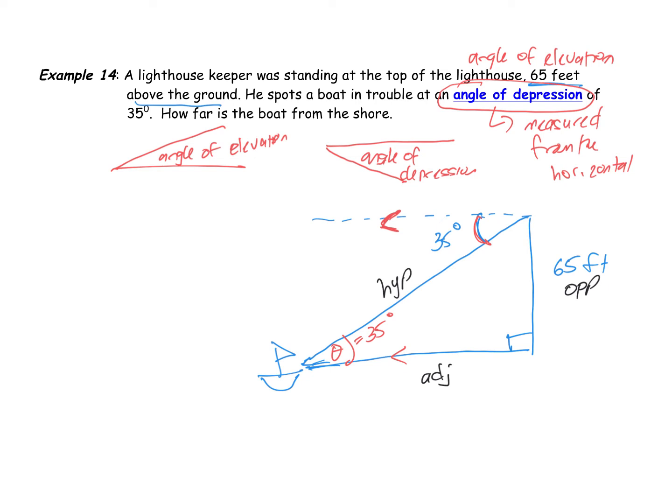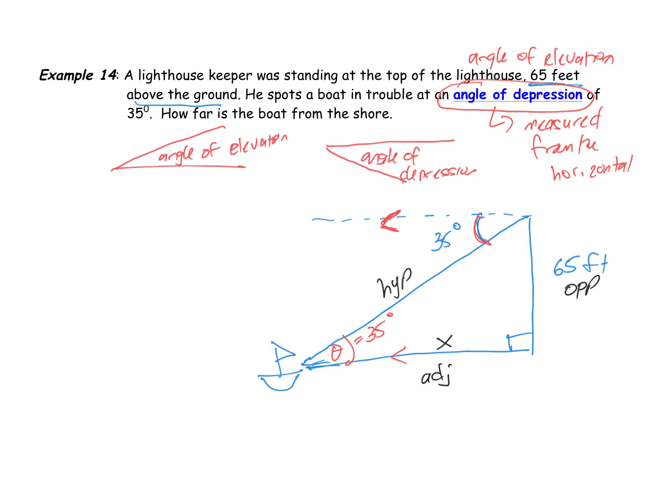We're asked to find how far the boat is from the shore, so that is the segment at the bottom of the triangle. I will label that x. So we're interested in finding the length of the adjacent side, and we know the length of the opposite side.